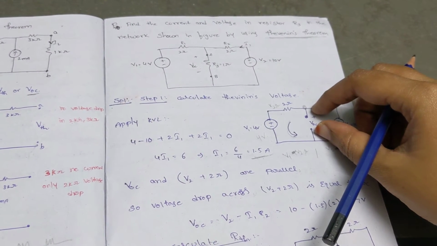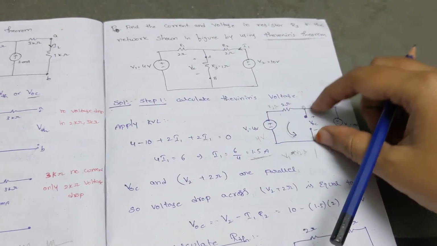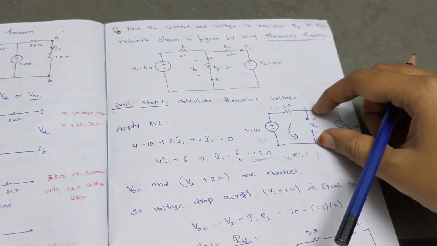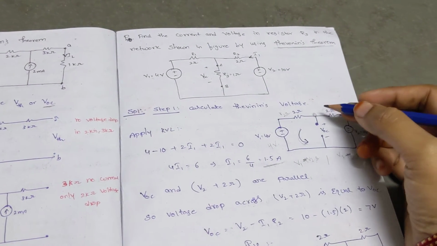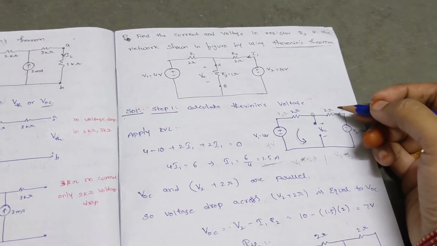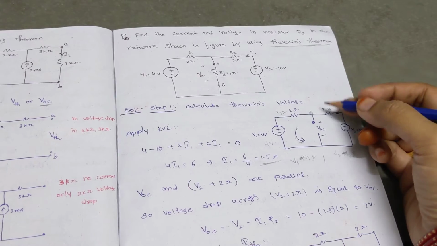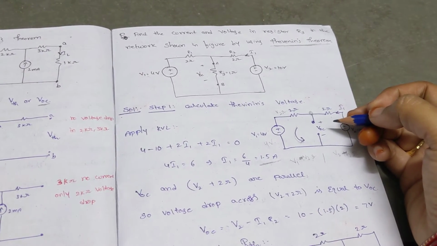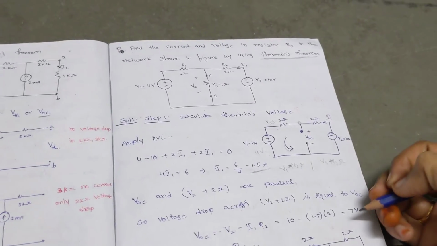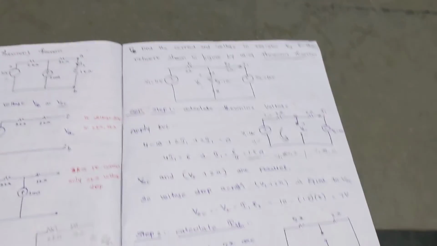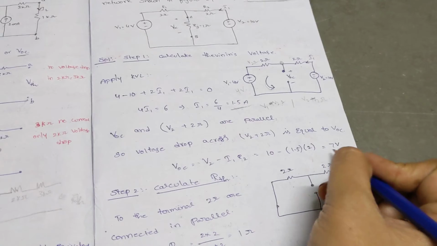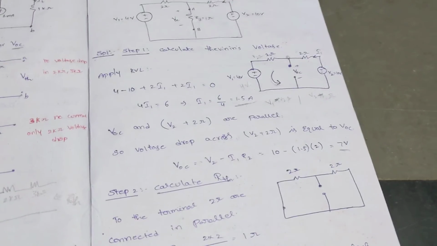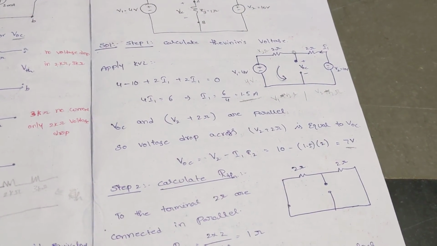So, 10 minus I1 into R2. Here, 10 minus 1.5 into 2, that is around 7 volts appearing in your VOC. 7 volts will be your VOC.